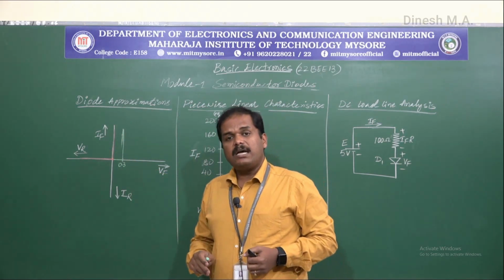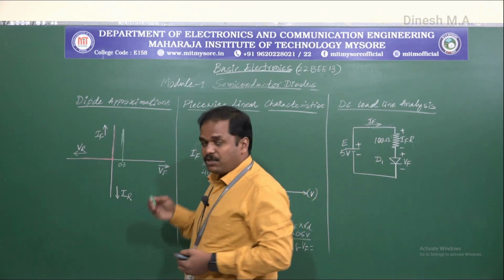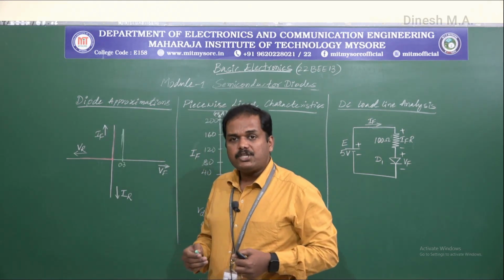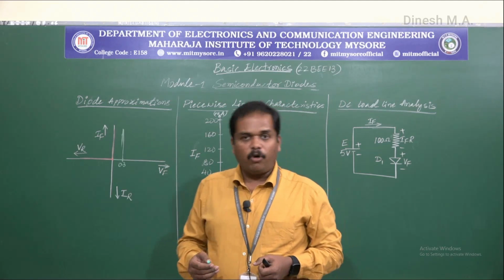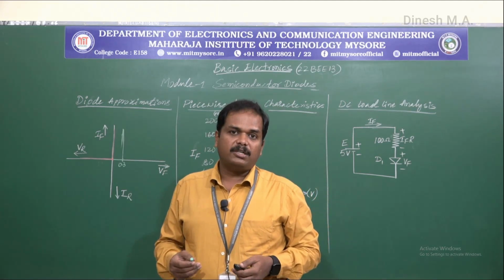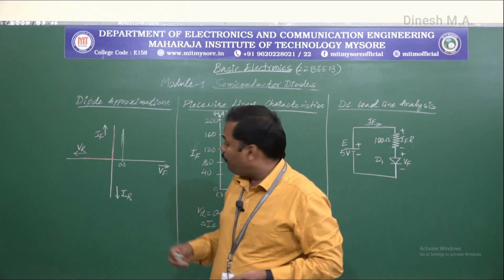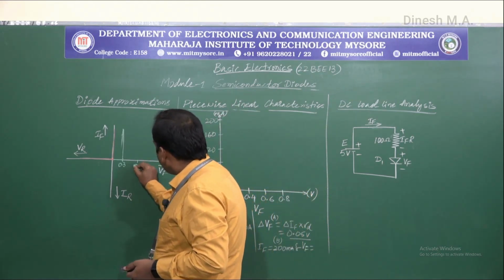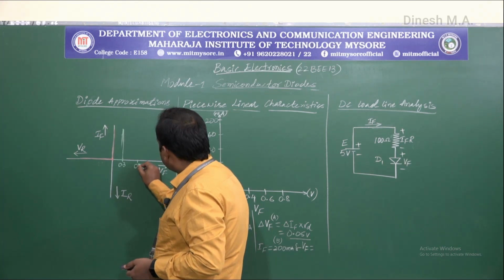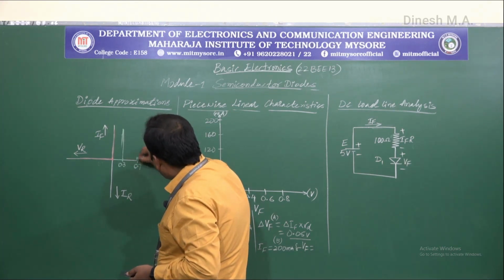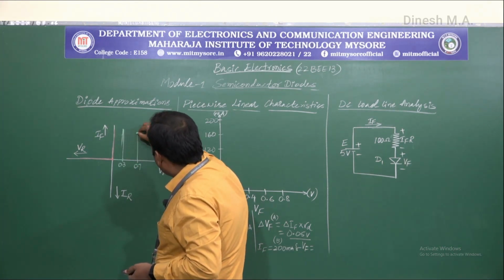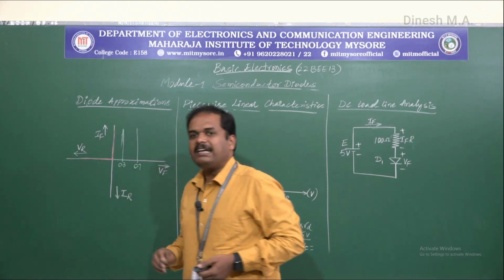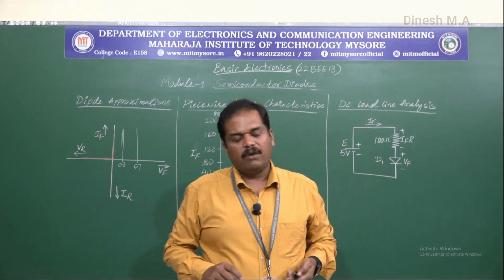And coming to a silicon diode, as we all know, the knee voltage or the cut-in voltage is 0.7 volts, and that is what we consider to be the forward voltage drop. So a forward voltage drop of 0.7 volts would be considered, and at this particular point there would be an increase in the forward current.